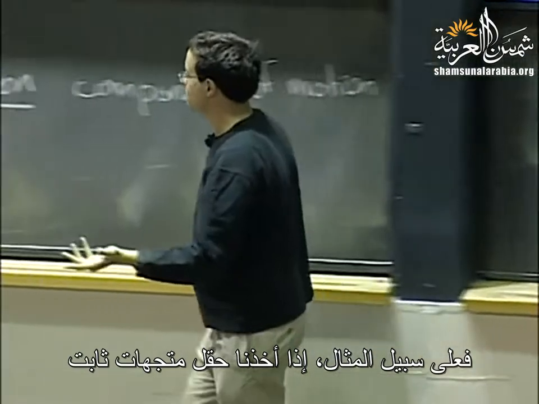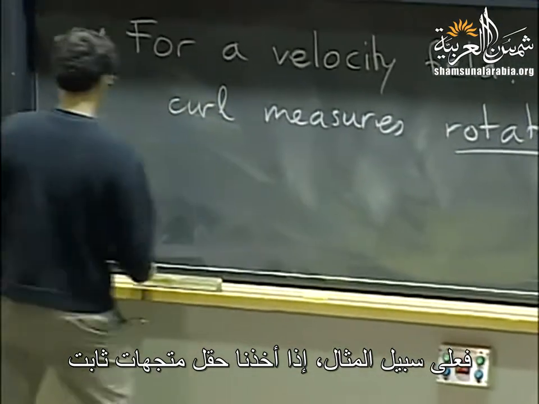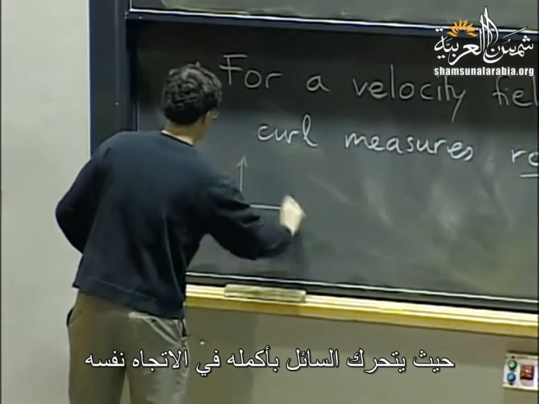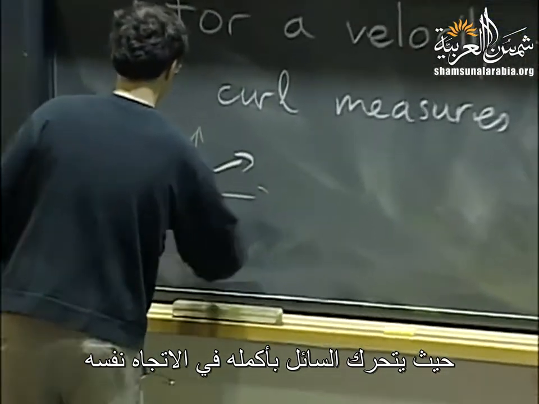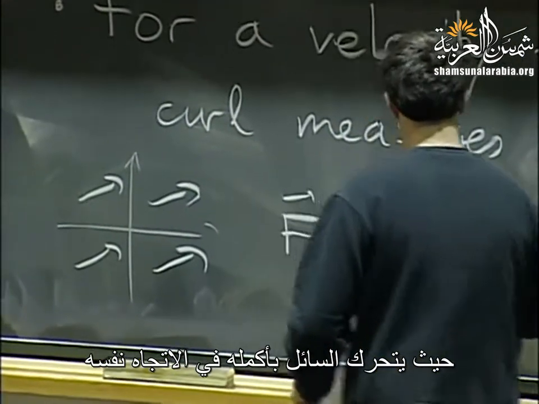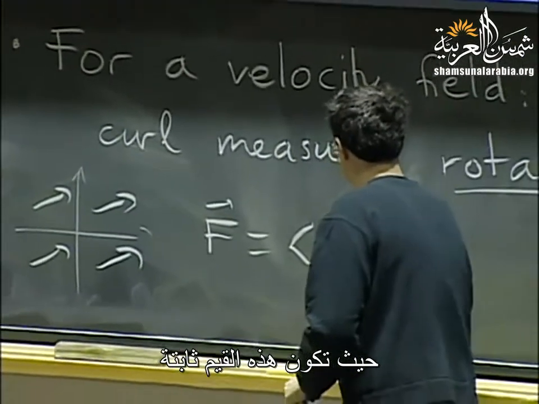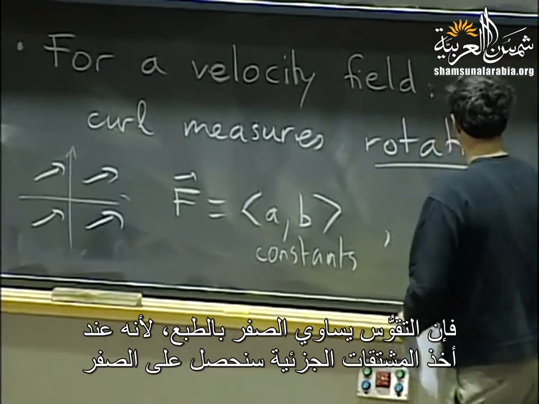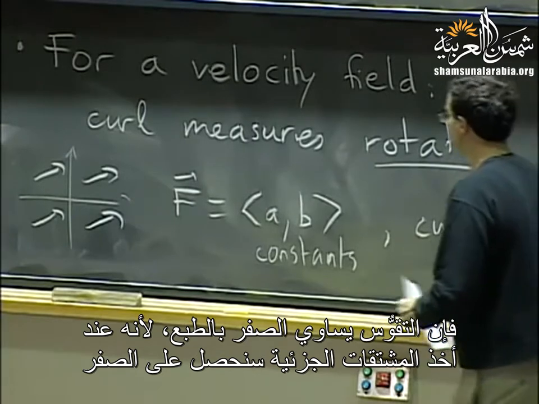For example, if I take a constant vector field, where my fluid is all moving in the same direction, where this is just constants, then of course the curl is 0, because if you take the partials, you get 0.